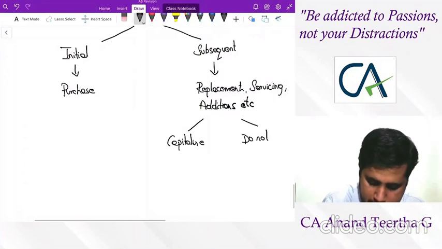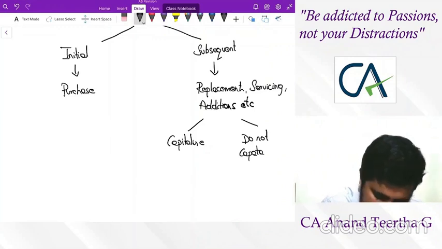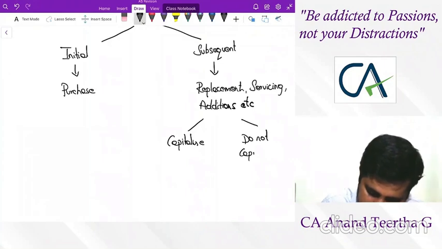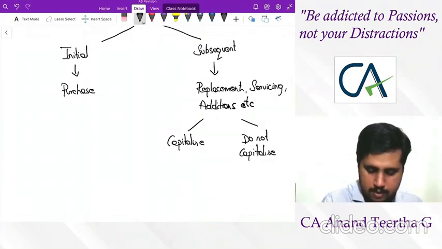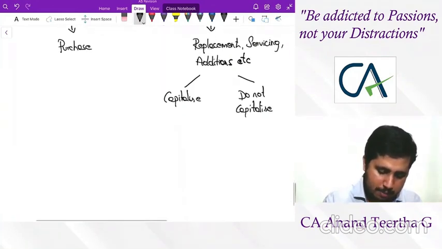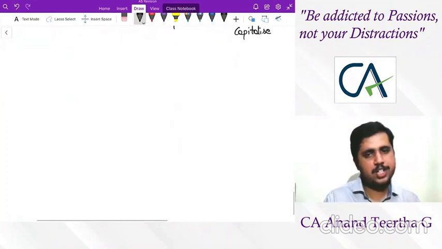That is one of the major problems which anybody would face. So for that purpose, there are certain rules given by the standard, whether it could be capitalized or shouldn't be capitalized. So now I will mainly deal with the subsequent recognition part.